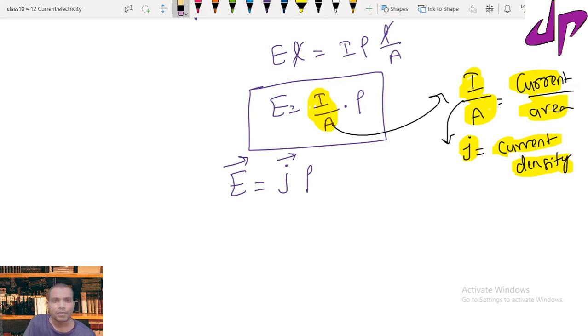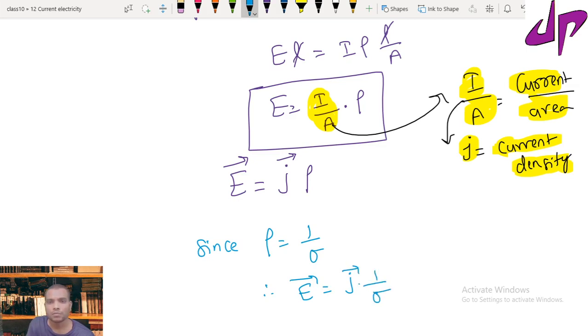Or if we replace further, since rho equal to 1 by sigma, therefore electric field E equal to J times 1 by sigma, or current density J equal to sigma times electric field.